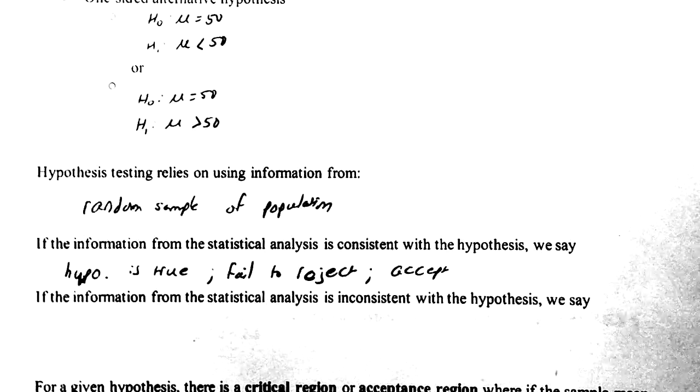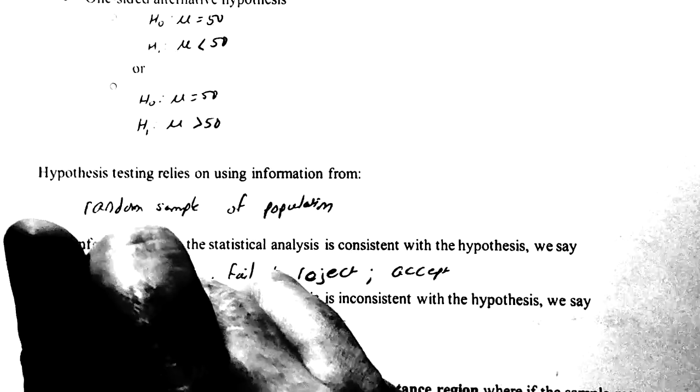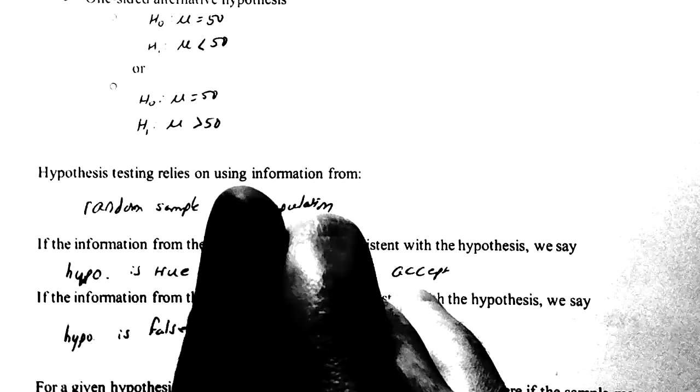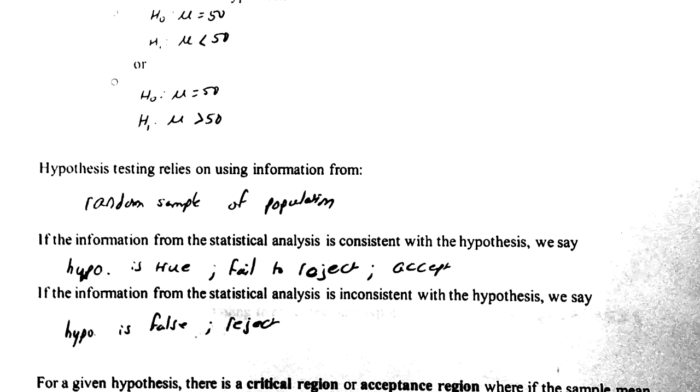The other way to say it is if the statistical analysis shows that it's inconsistent, then we would say that the hypothesis is false, and we reject it. So if it's true, we have failed to reject the null hypothesis, and if it is false, then we do reject the null hypothesis.